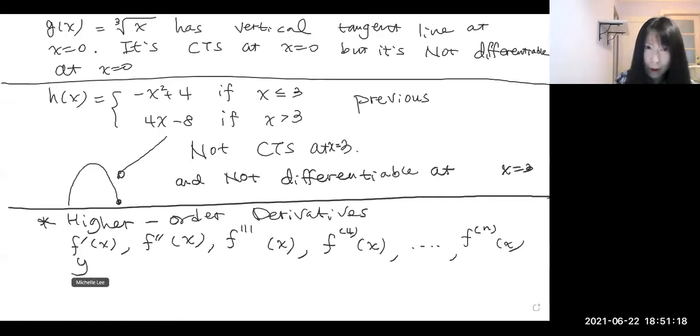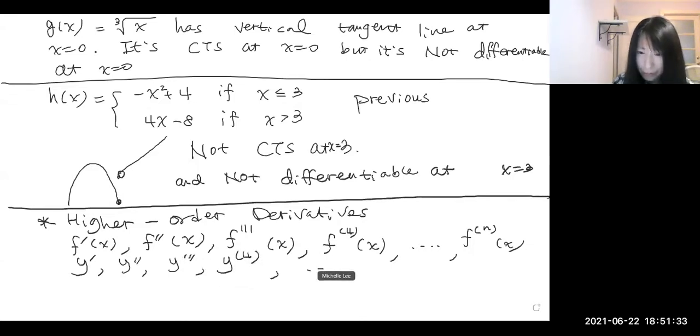Then if they're using y prime, y second prime, third, then after third they don't use that.